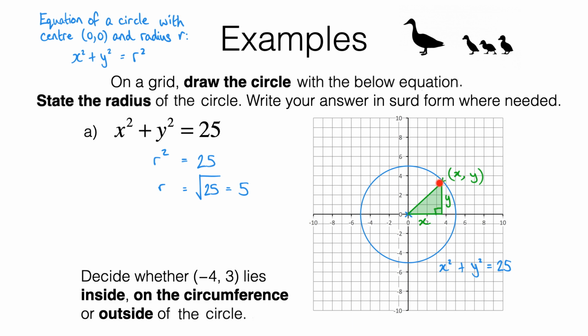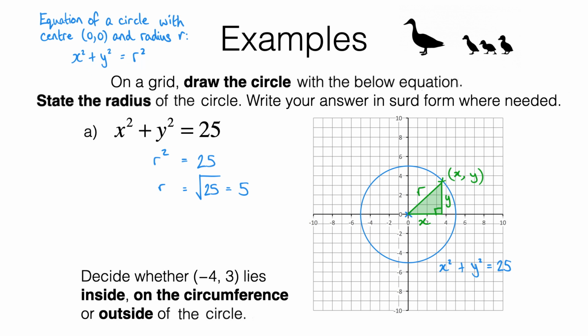Now, this hypotenuse is actually the radius of the circle. It is the distance from the centre of the circle to the circumference in a straight line. So that there is going to be our radius r. And Pythagoras' theorem tells us that x squared plus y squared must equal r squared, and that's exactly what we have up here.